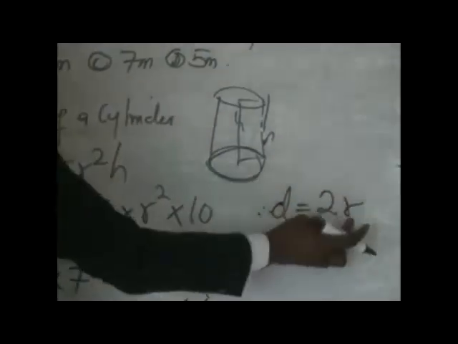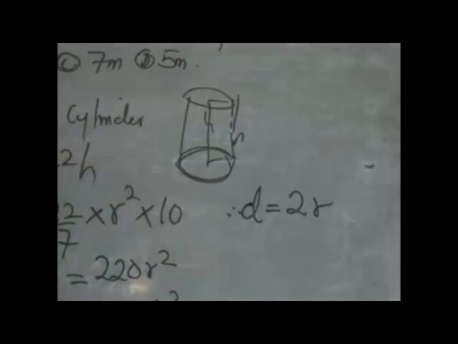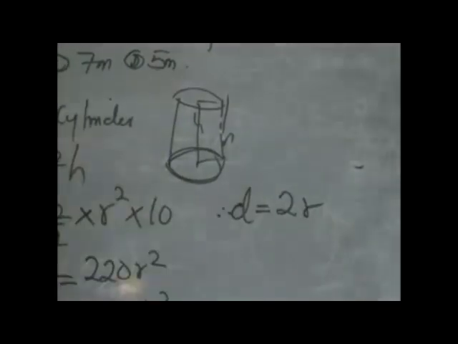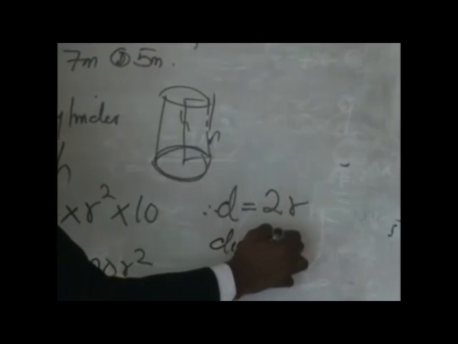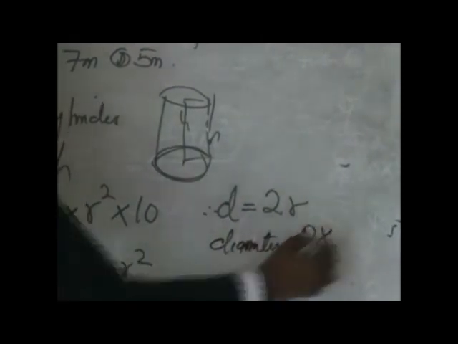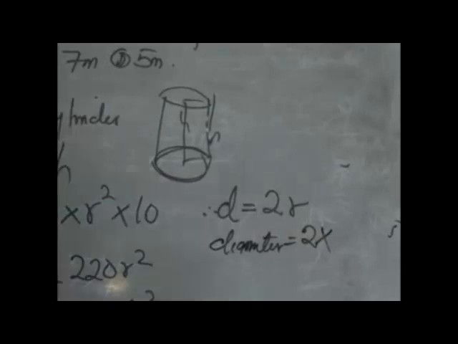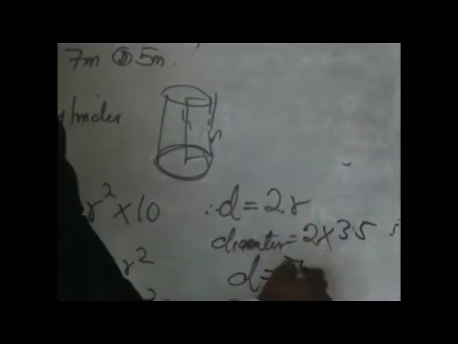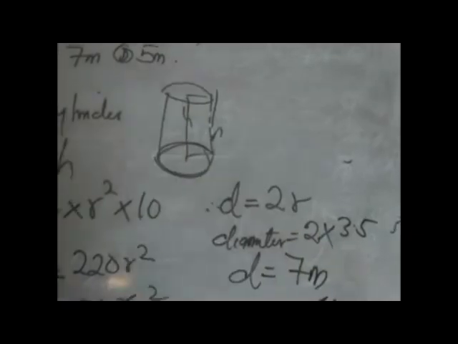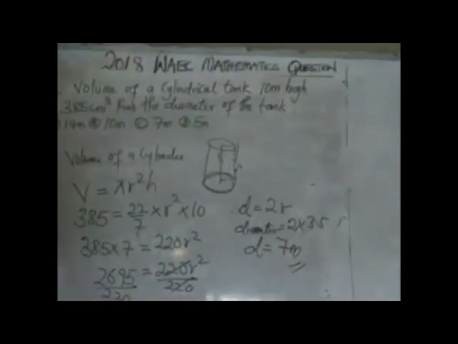When you multiply radius by 2, you get diameter; when you divide diameter by 2, you get radius. So D is 2 times 3.5, which is 7 meters. So 7 meters is the diameter of the cylindrical tank, and the correct option is option C.